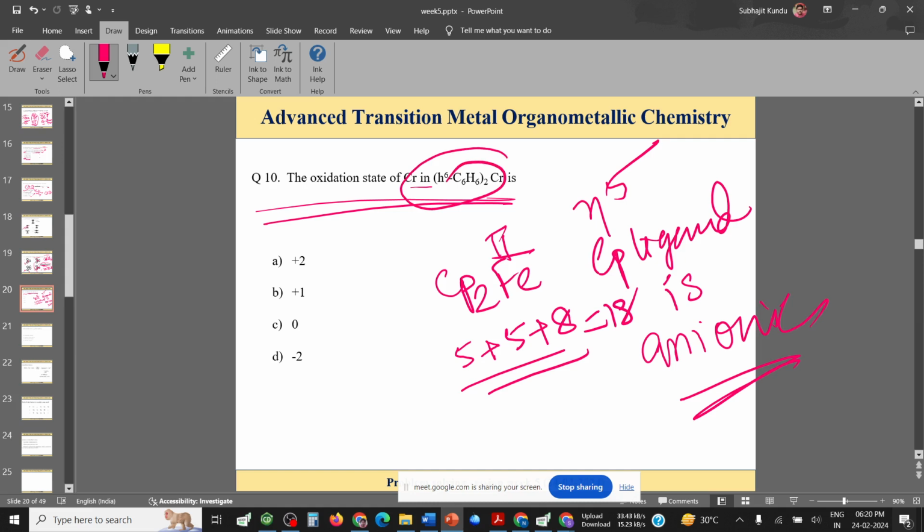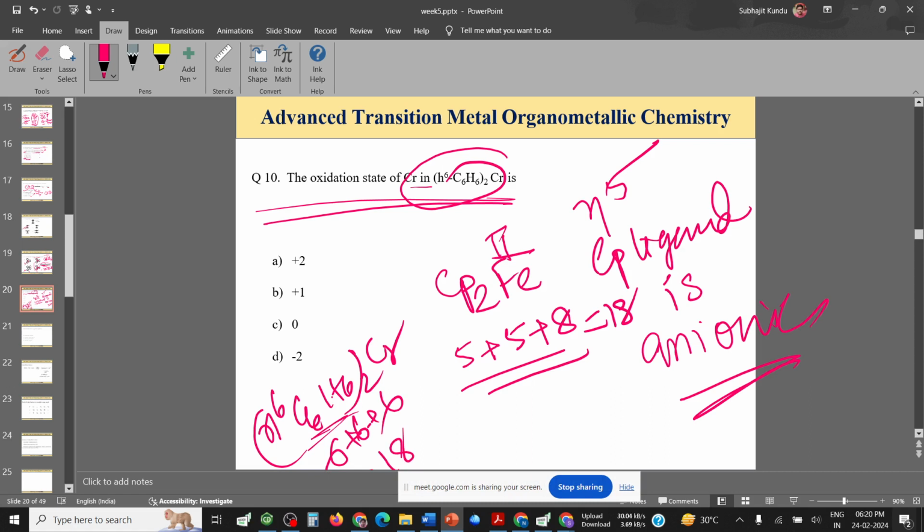But for (eta 6 C6H6)2Cr, the electron count in the neutral method, chromium being 6 plus 6 plus 6, is also 18 valence electrons.